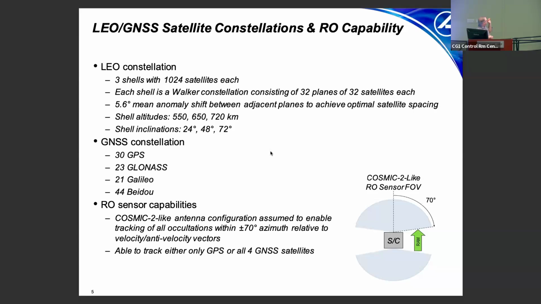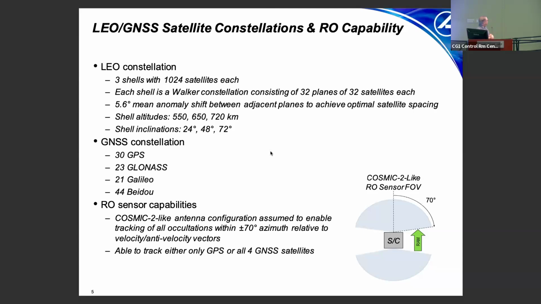So we have 3 shells of 1,024 satellites each. Each shell has a Walker constellation, 32 by 32, 32 planes, 32 satellites. We'll note the mean anomaly shift to keep uniform spacing. And then the altitudes of the shells are as you see there, and the inclinations: low inclination, moderate inclination, and a little bit higher inclination.